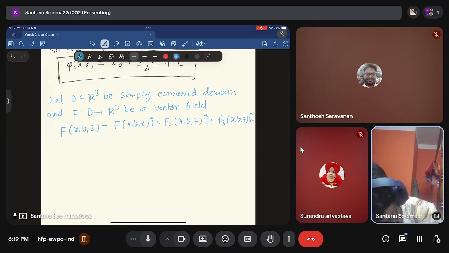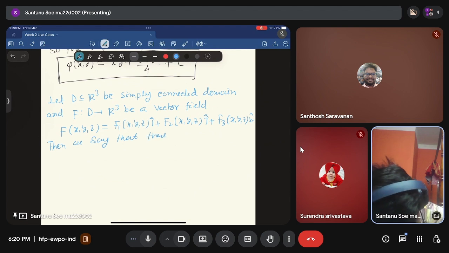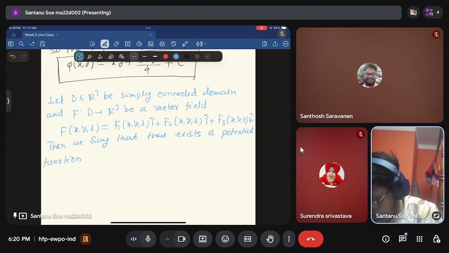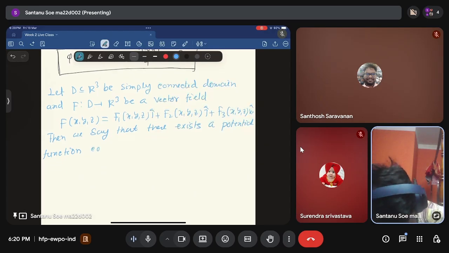Okay, then we say that there exists a potential function corresponding to the vector field f if and only if.